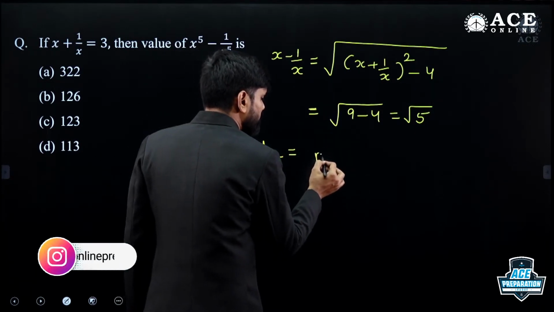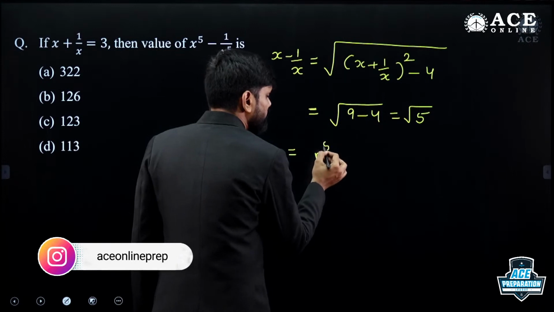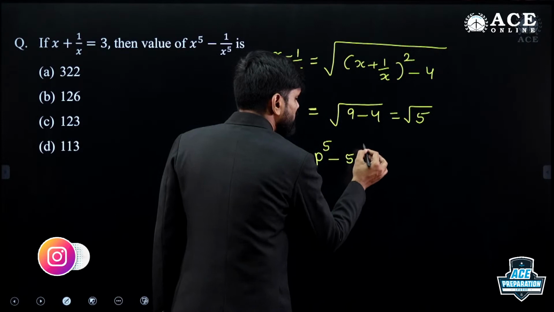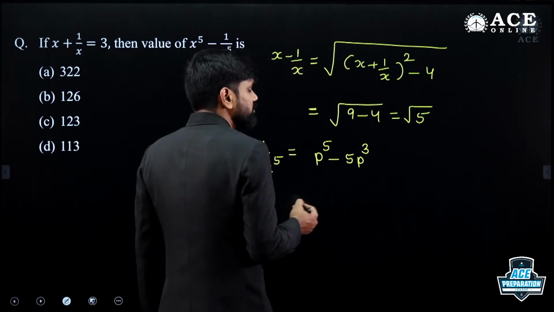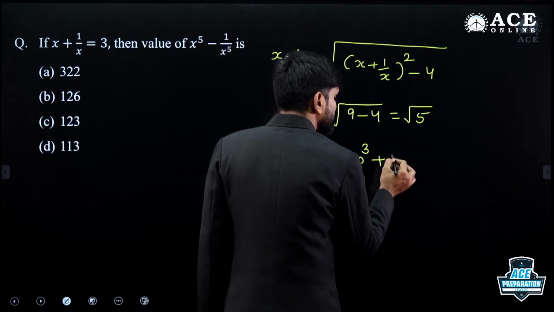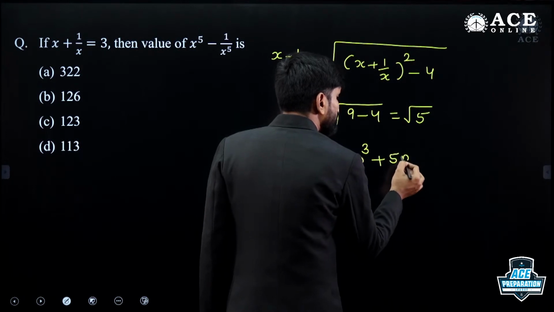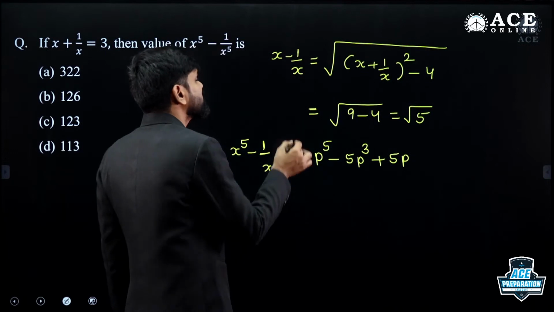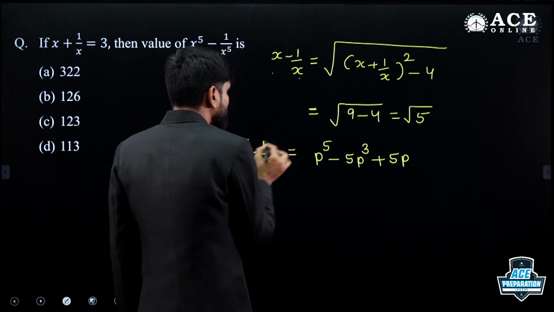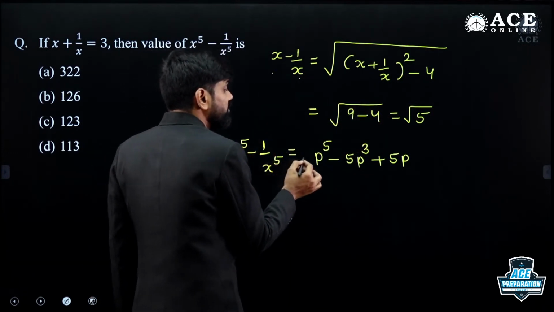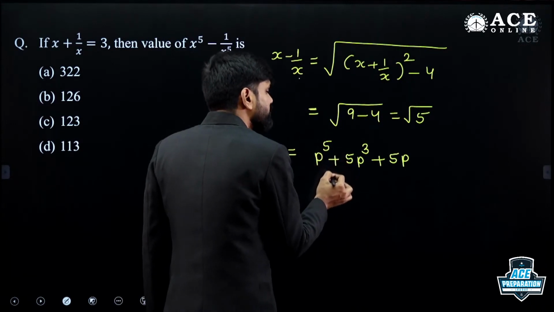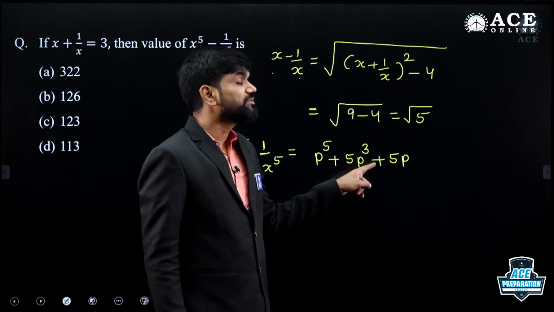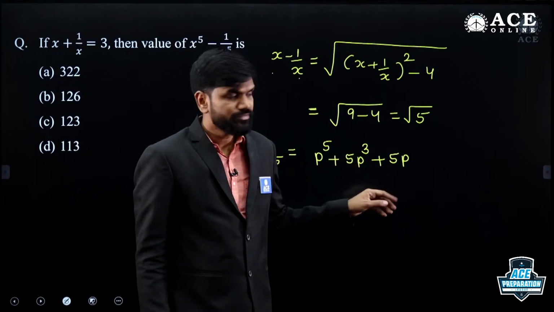The formula is p power 5 minus 5p cube plus 5p, if it is x plus 1 by x equal to p. But here we know x minus 1 by x equal to p. So x power 5 minus 1 by x power 5 will be equal to p power 5 plus 5p cube plus 5p, because I told you all the signs will be positive over here.